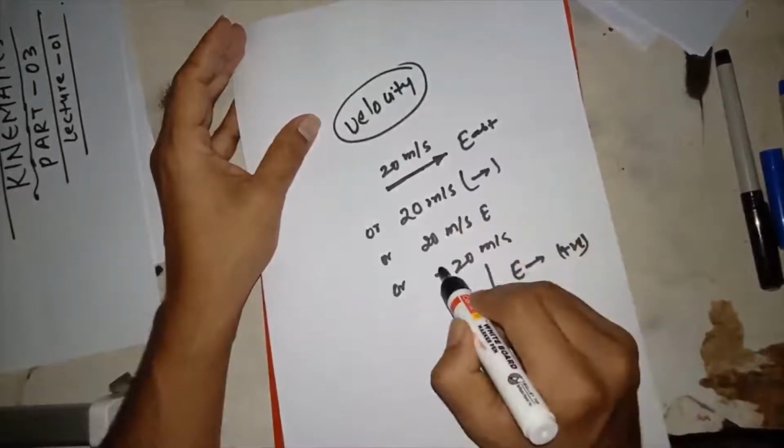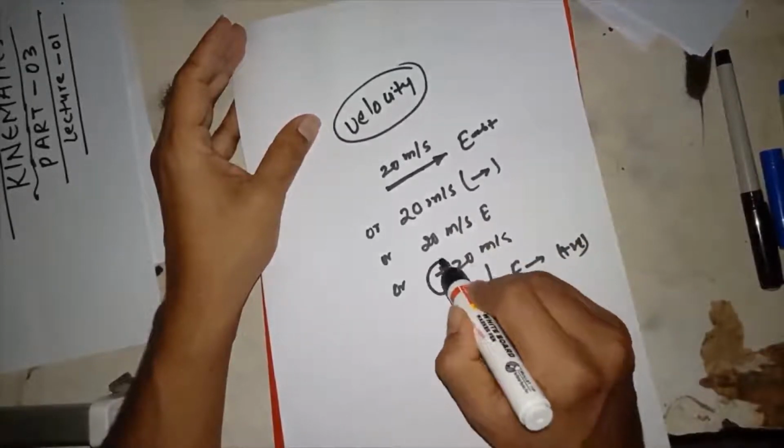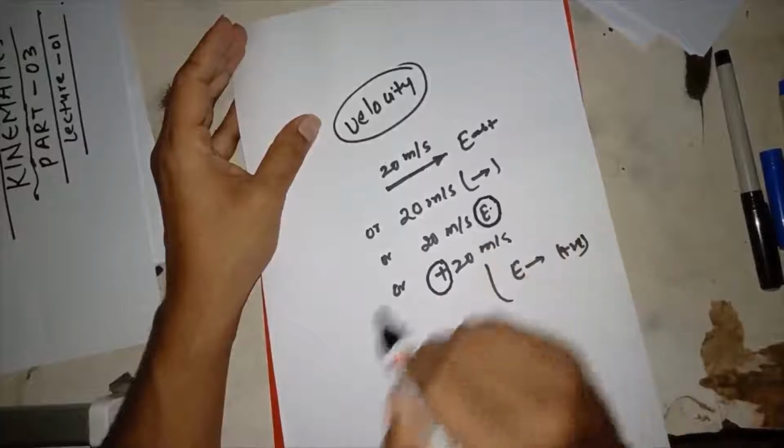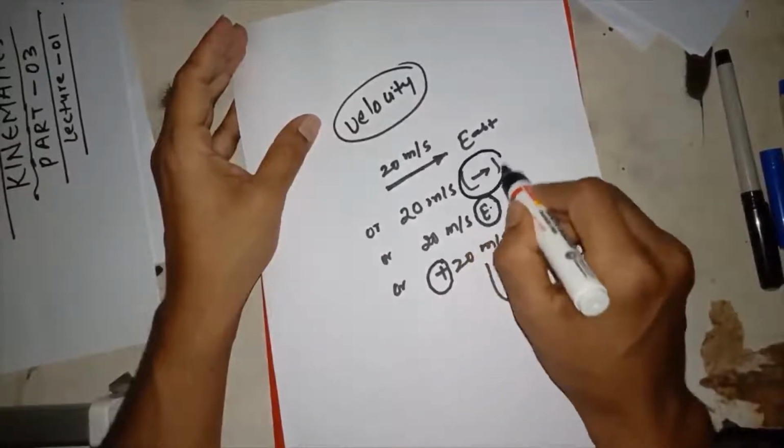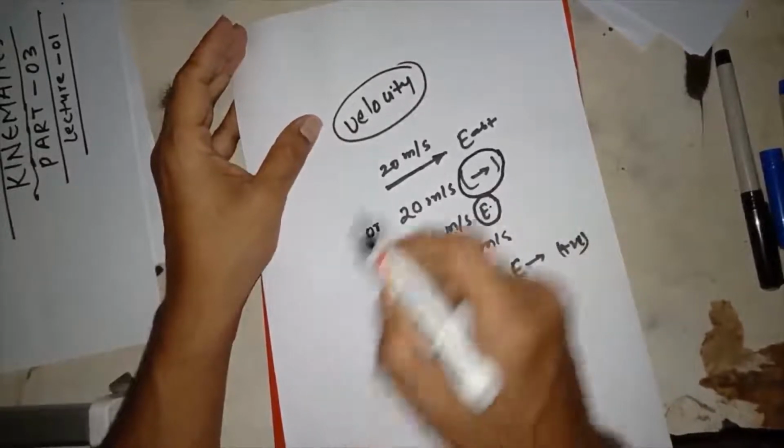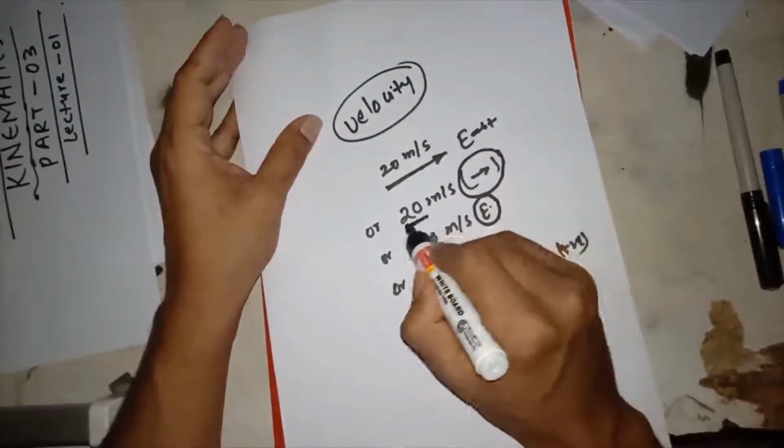That's why this plus indicates direction, this east indicates direction, this arrow also indicates the same direction.